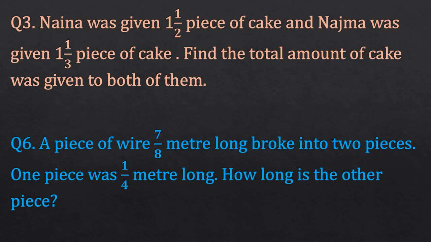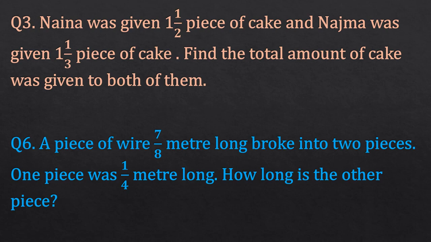7/8 meter is the total length of the wire and this wire is broken into 2 pieces. The length of one piece was 1/4 meter, and you have to find out the length of the other piece. When the total is given and the length of one is given, you have to find out the length of the other. That means we will subtract. Now see the statement.